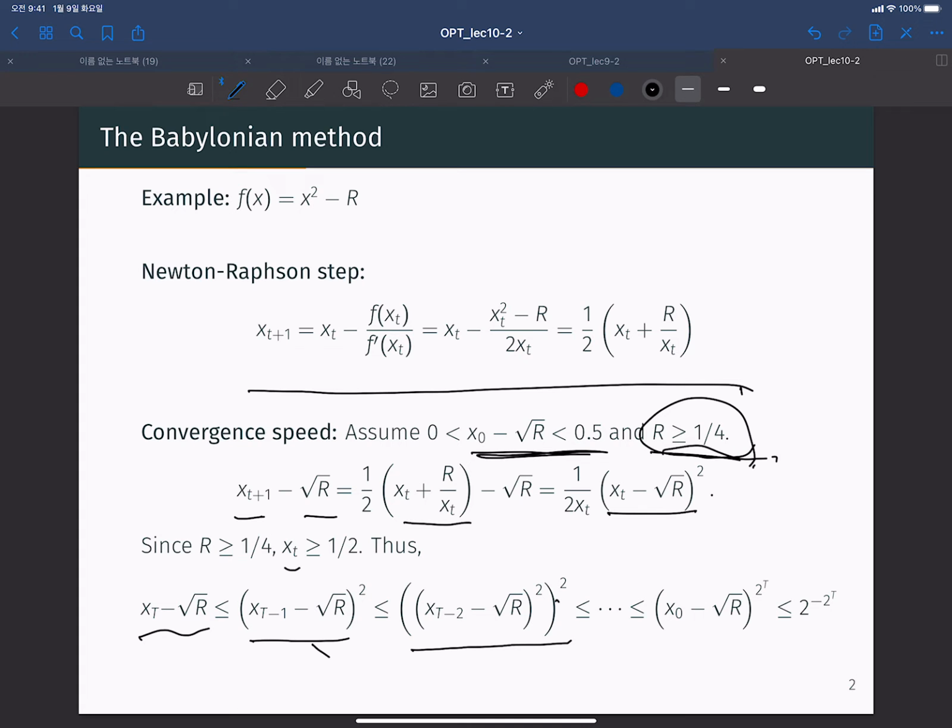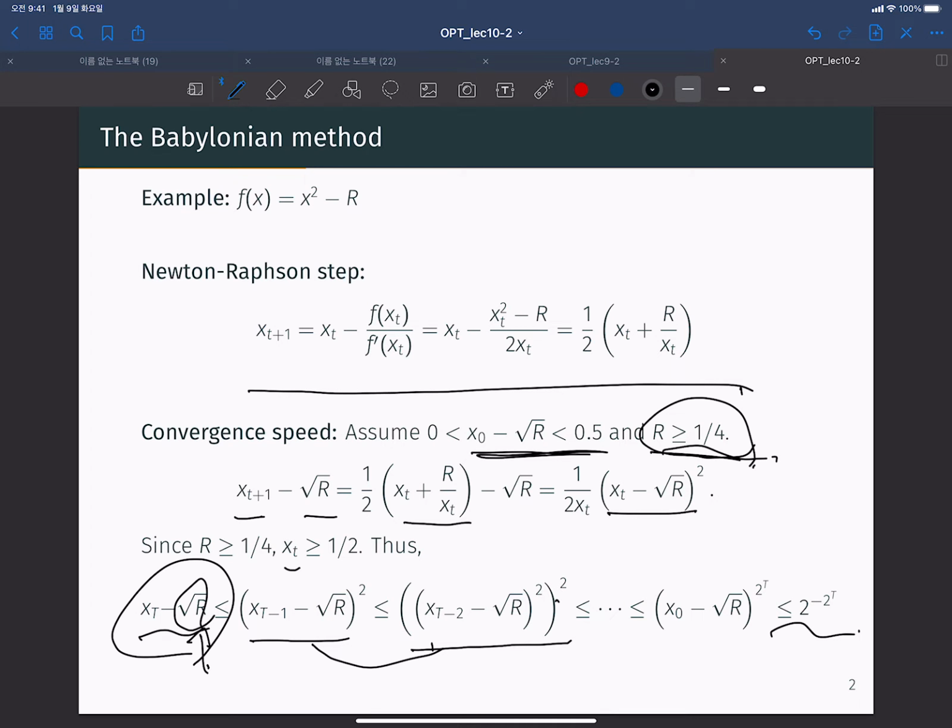So we can make the inequality iteratively. Then in the end, we finally have |x_T minus square root r| less than or equal to 2 to the minus 2^T. So here square root r is the critical point, the global optimal point.